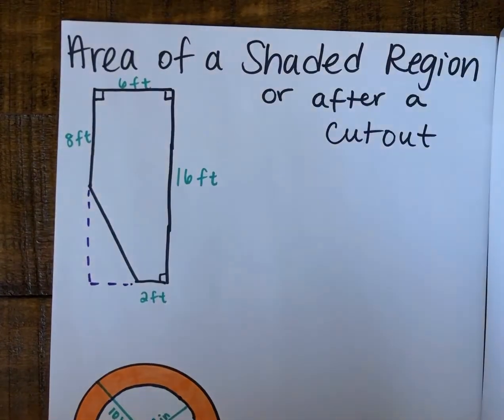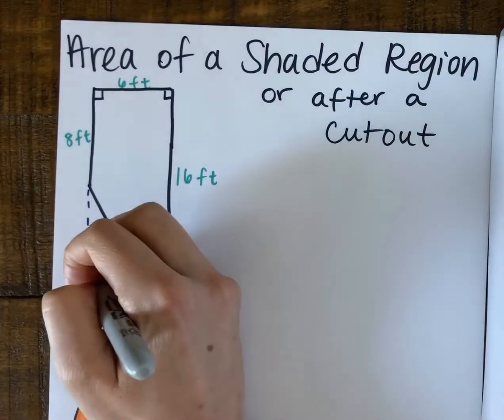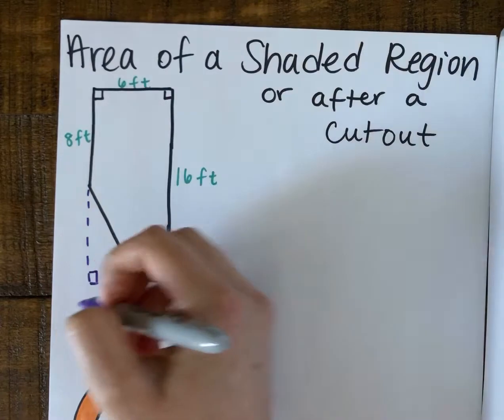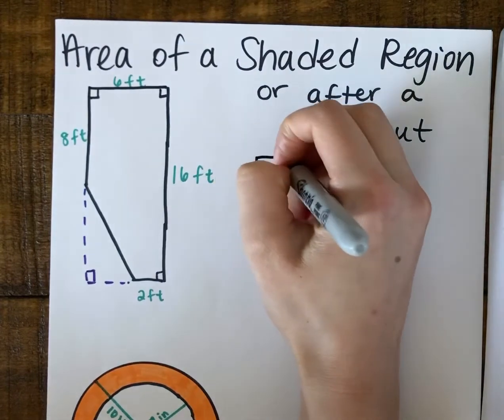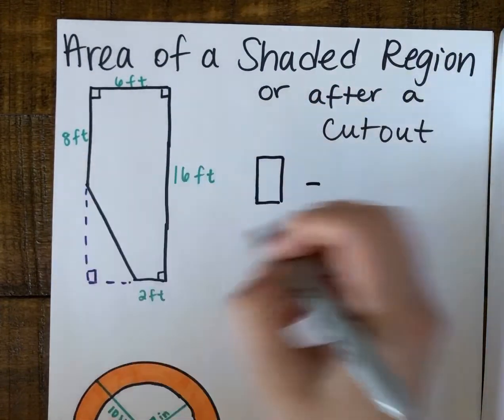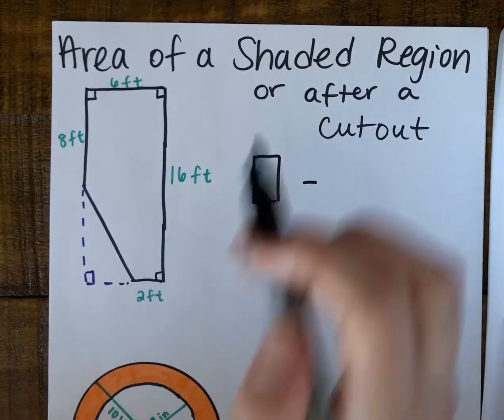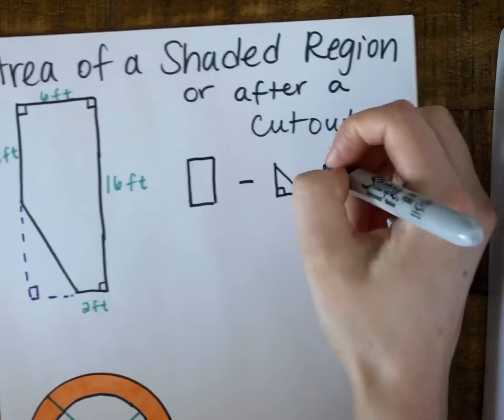All right, so here we go. If I'm thinking about it this way, that would be a right angle because it's one big rectangle. And then I'm going to be doing the rectangle minus that triangle as if it were cut off that paper. And that should give me my total area.